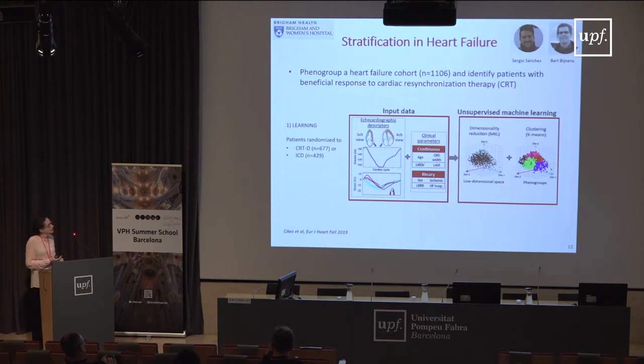The first application is the stratification of patients with cardiovascular disease and at risk of heart failure. We wanted to see if we could identify those patients that could benefit from the cardiac resynchronization therapy.